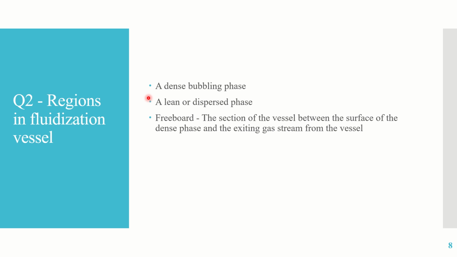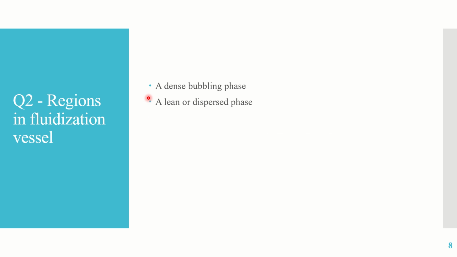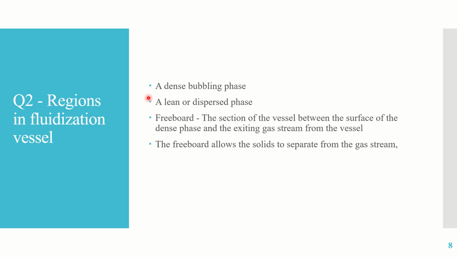So till the top portion it is known as a freeboard, and this freeboard allows the solids to separate from the gas stream. So when there is a carryover of solids from the dense phase zone into the freeboard region, the chances of the particles falling back into the bed are more. So that is the purpose of having such freeboards.